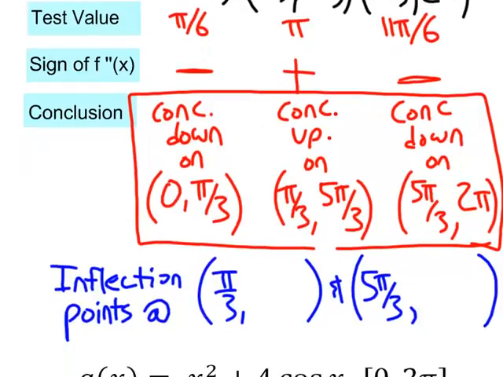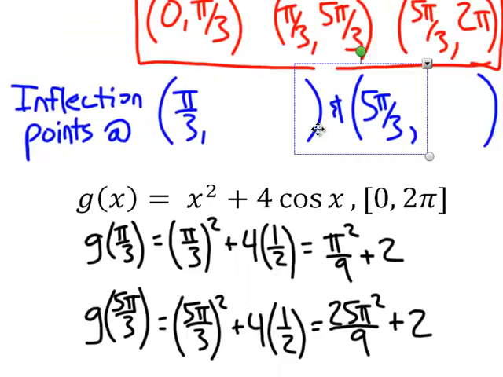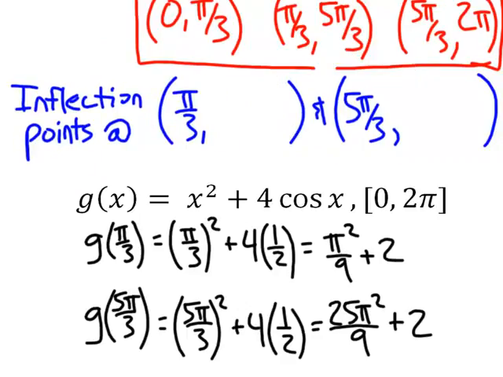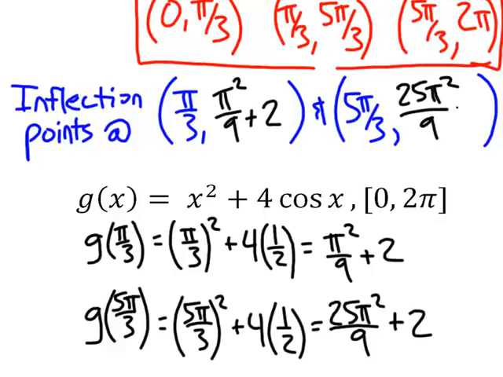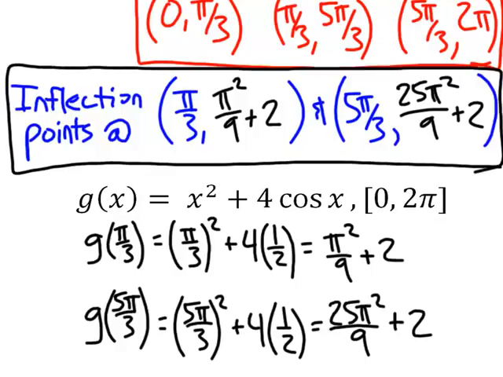And if I scroll down and plug in those two x values, I can get my y values. So pi squared over 9 plus 2, and then 25 pi squared over 9 plus 2. And those are my points of inflection.